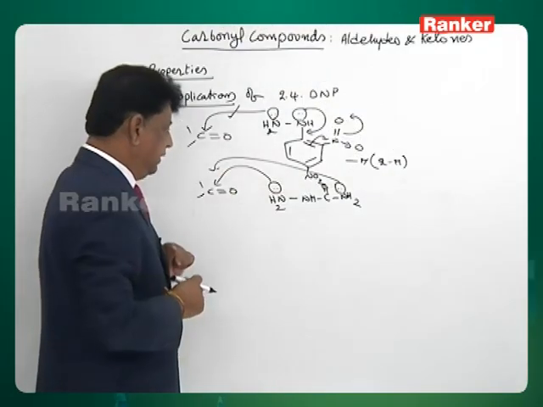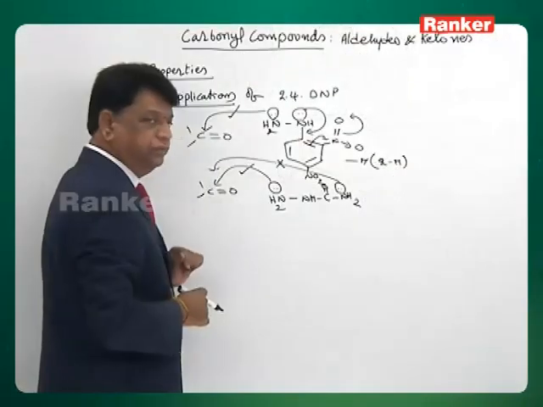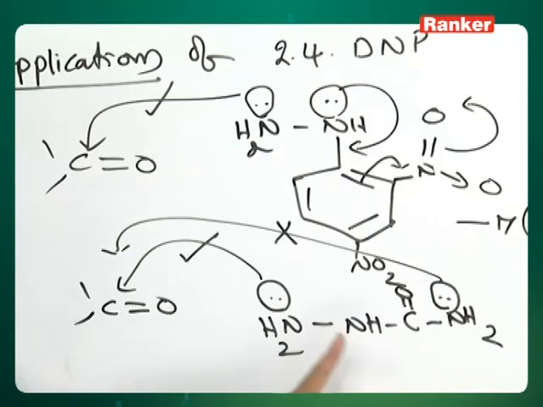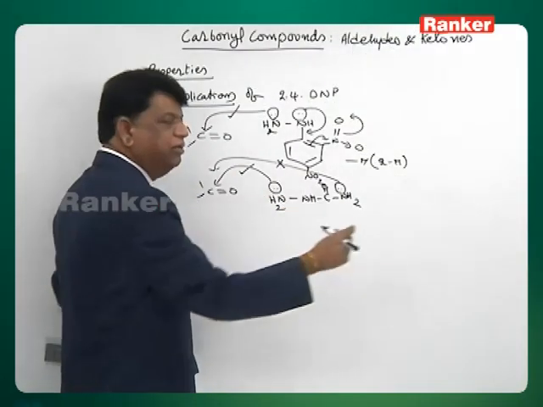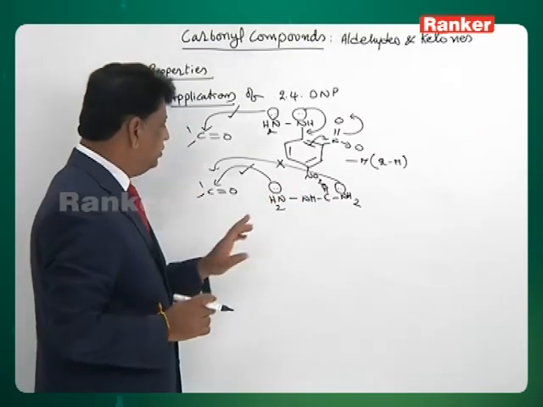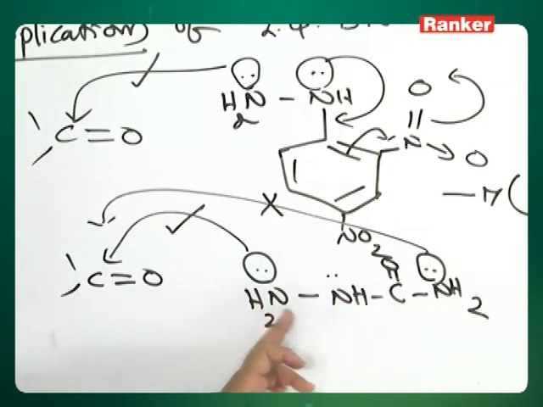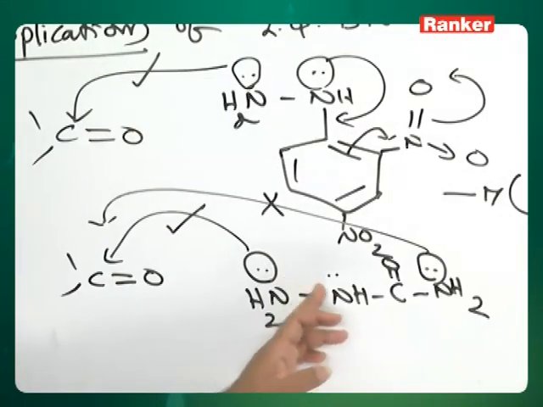If the question comes up, the second one never attacks, only this one will attack. The reason is, this is the amino group attached to the nitrogen, where the small -I is influencing, but this lone pair cannot have any -M effect. Moreover, it may show +M but not -M. So this NH group will indirectly show only -I influence, but not -M influence.